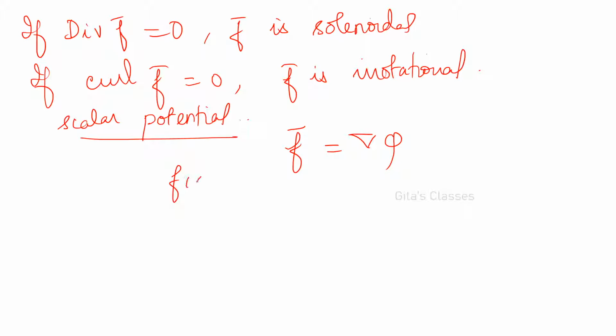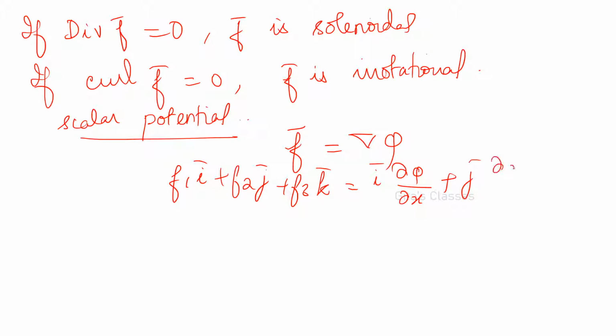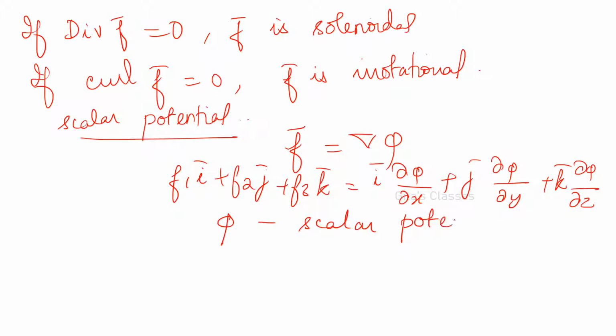This f bar will be f1i plus f2j plus f3k, and here i into dou phi by dou x plus j into dou phi by dou y plus k into dou phi by dou z. So corresponding components you have to equate them, then find del phi, integrate accordingly and find the value of phi. Phi is called the scalar potential of the function f.